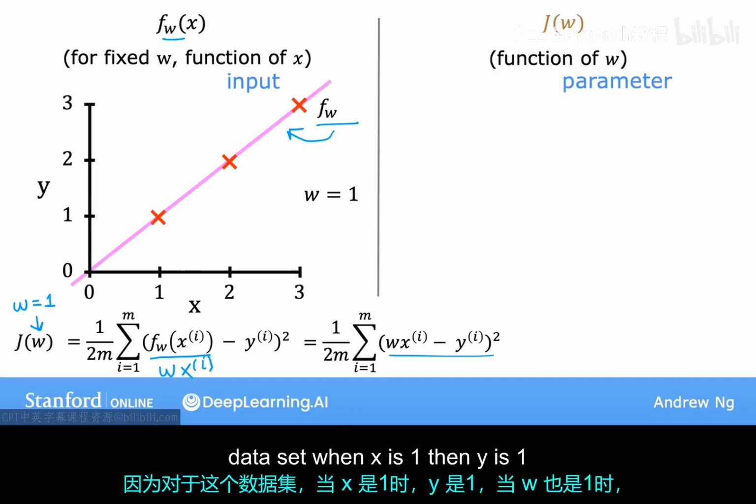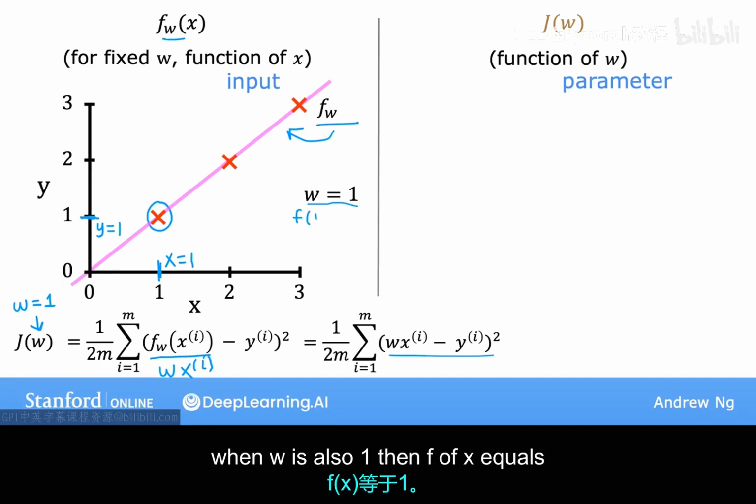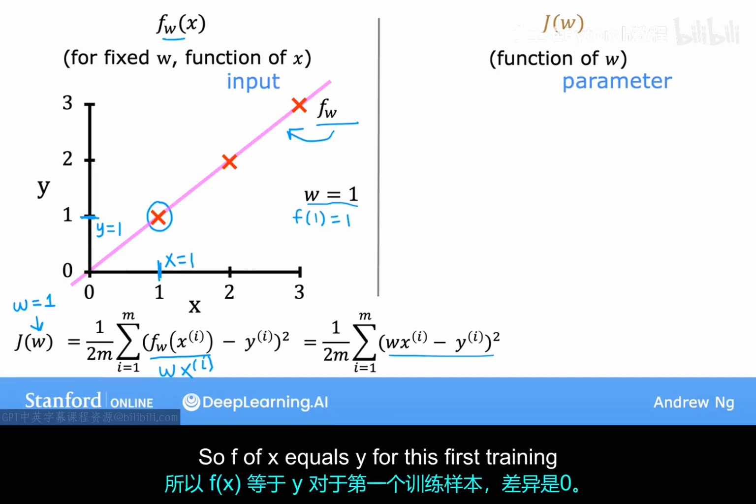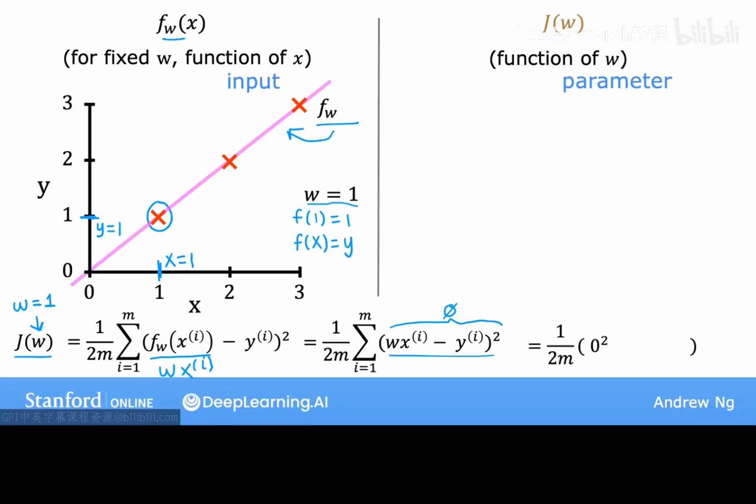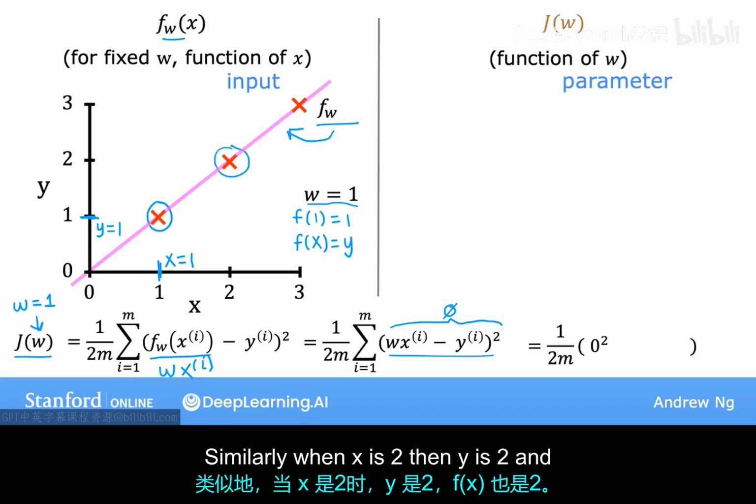Because for this data set, when x is 1, then y is 1. When w is also 1, then f of x equals 1. So f of x equals y for this first training example, and the difference is 0. Plugging this into the cost function J, you get 0 squared. Similarly, when x is 2, then y is 2, and f of x is also 2.